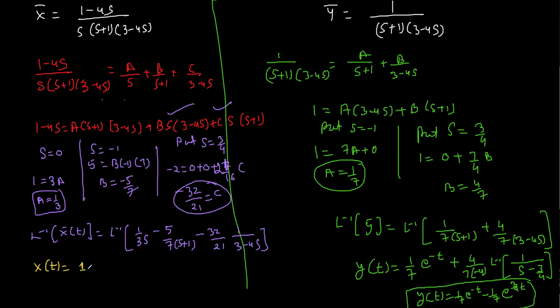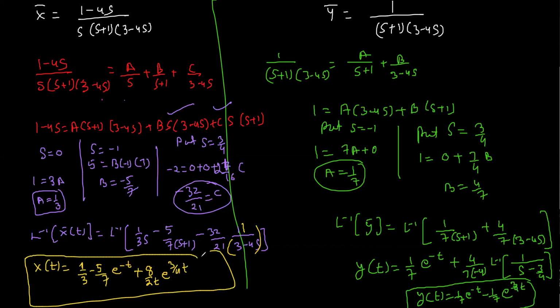This is 1. This is 5 by 7 e raised to minus t. And what about this? Take minus 4 common, minus minus plus, it becomes 8 by 21 e raised to 3 by 4 t. Understood? This is your final answer.